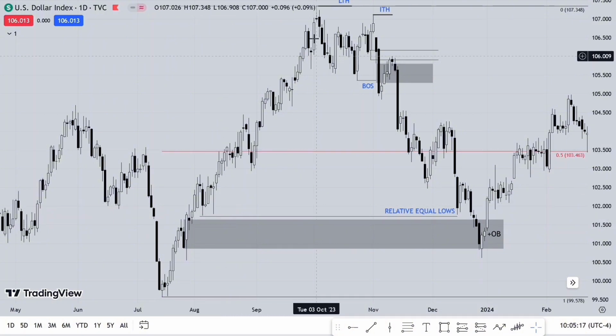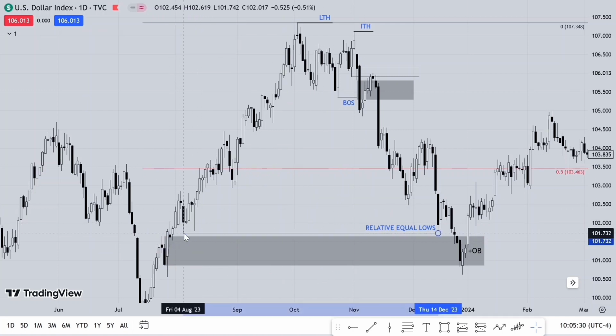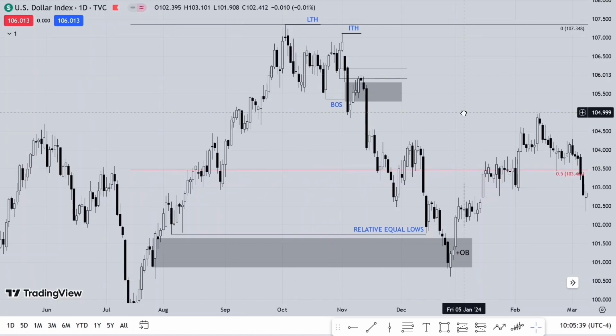At a future time in price, we expect price to come back to that form of liquidity to take out the sell stops here, which are orders already resting below the market price at a discounted price.